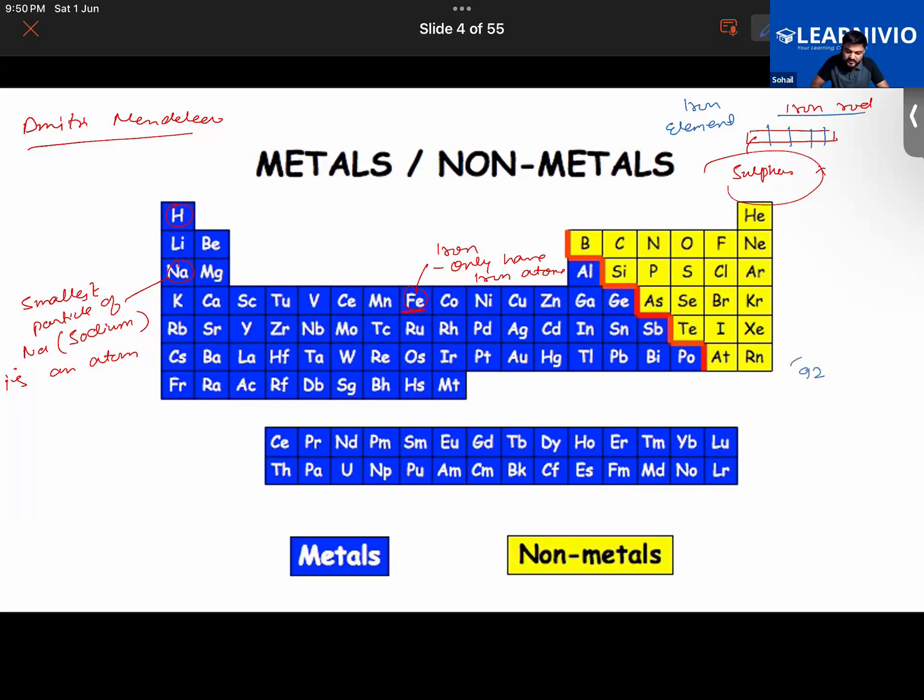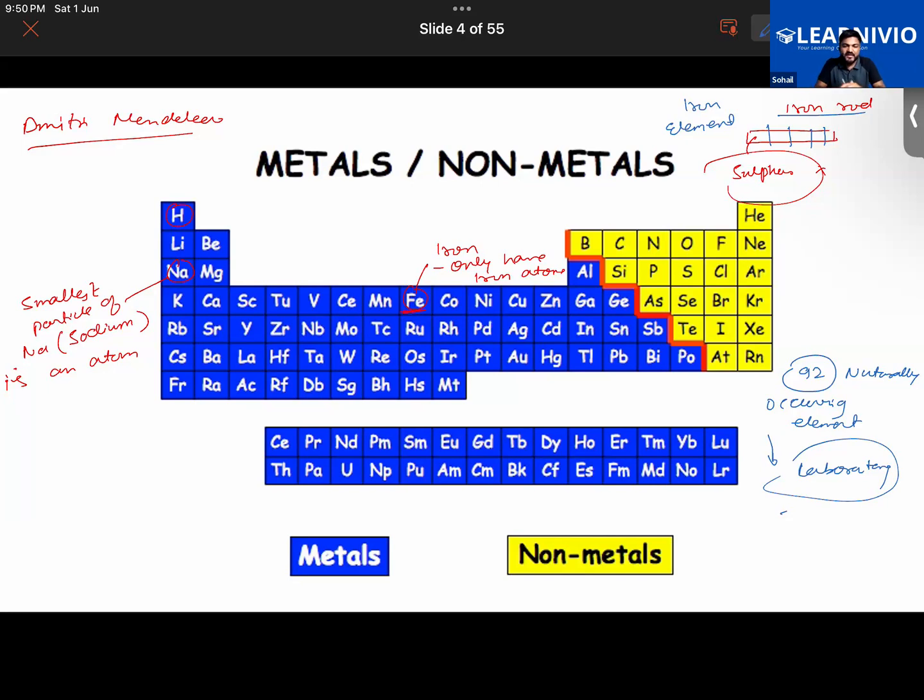In nature, we have 92 naturally occurring elements, while the remaining are prepared in the laboratory. Hope it is clear to you. This was one of the basic things you need to know.